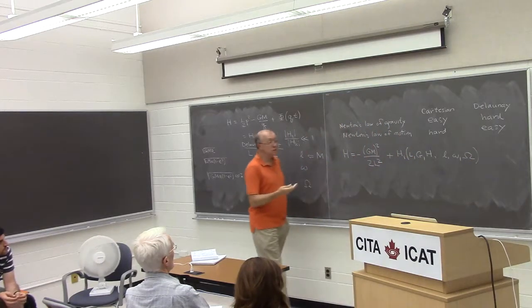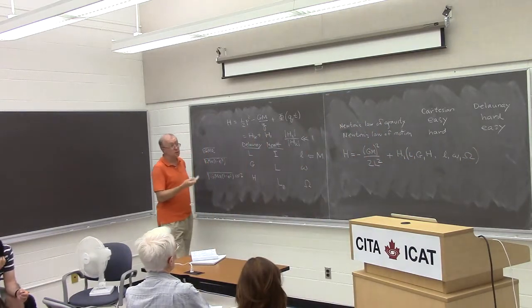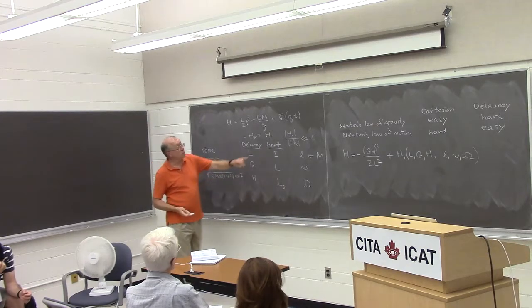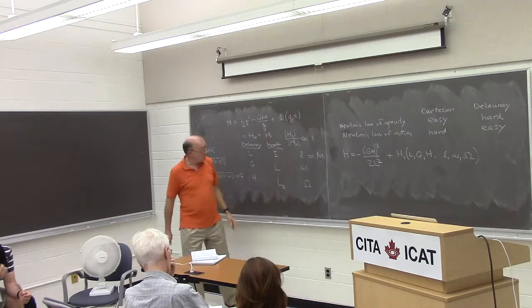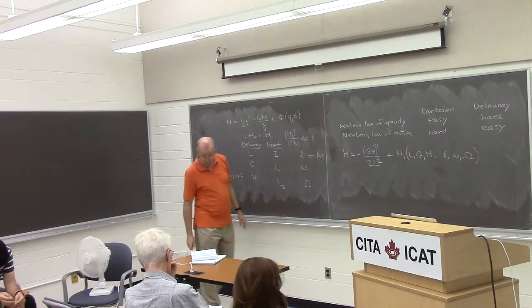So you can immediately see why the potential theory is more complicated. You've gone from a potential that only depends on three coordinates to all three coordinates and all three momenta.